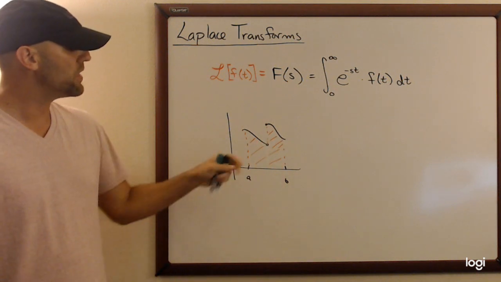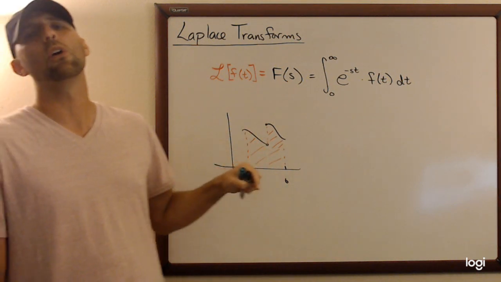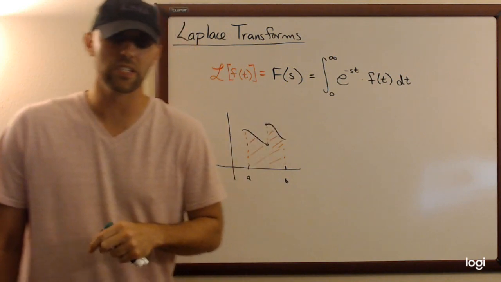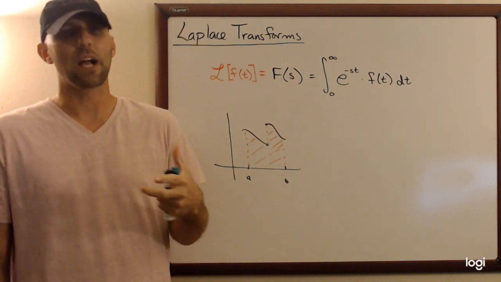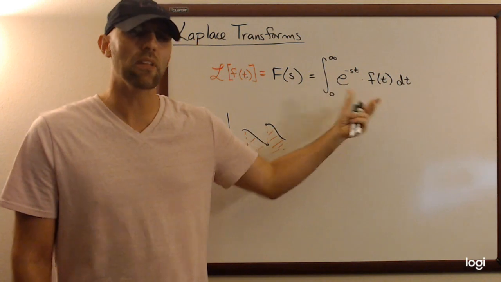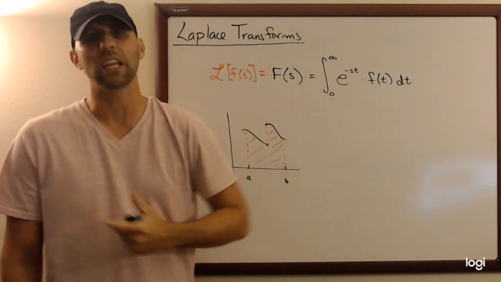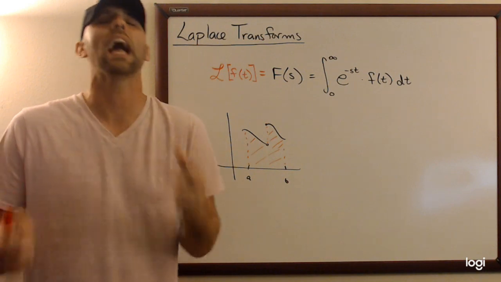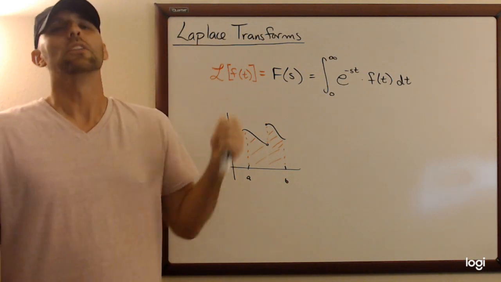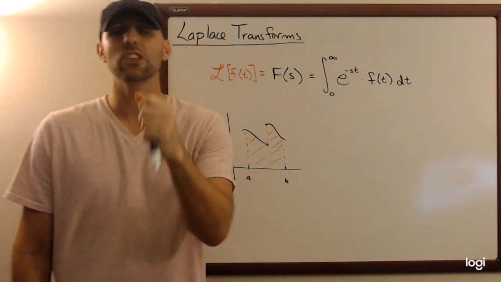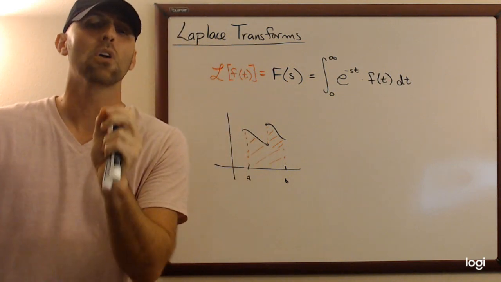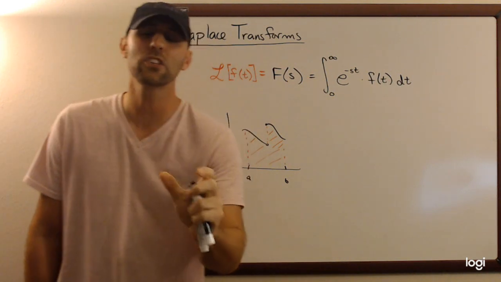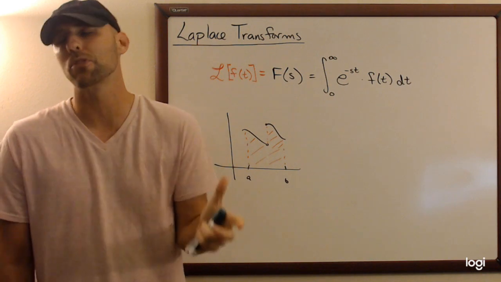Okay, so this is not continuous, but it is something called piecewise continuous. It turns out that all I need to make this work is that I need f of t to be piecewise continuous, and that is fantastic. The Laplace transforms are used in engineering and physics because they handle piecewise functions exceptionally well.